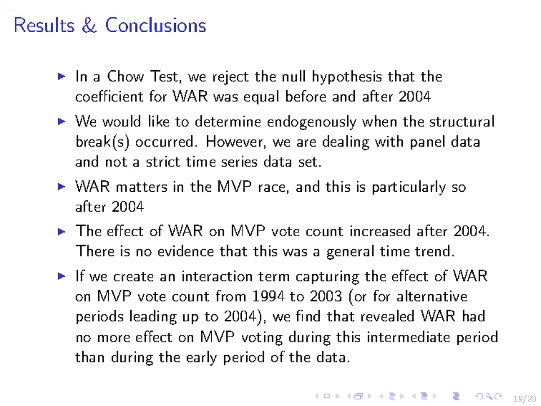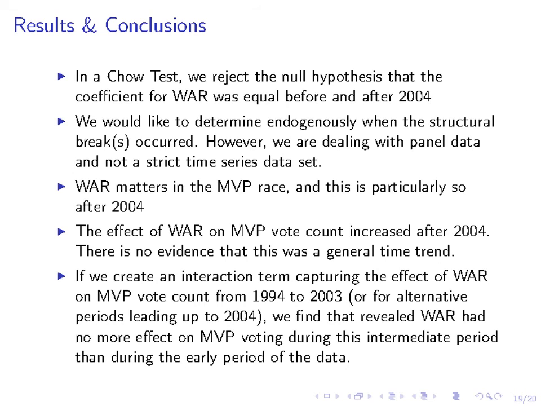So as far as I know, an exogenous test, such as the Chow test, is the appropriate test here, especially given that we know when the event under consideration occurred, namely the advent of WAR in early 2004.